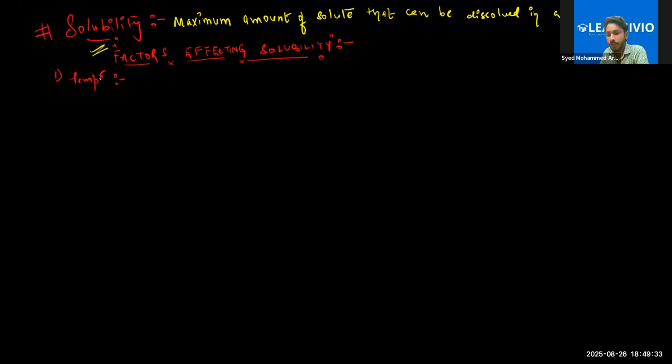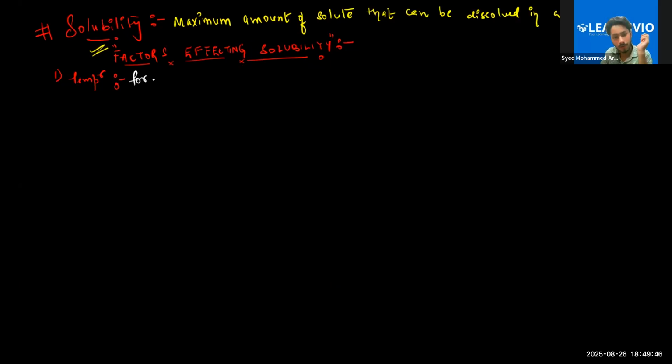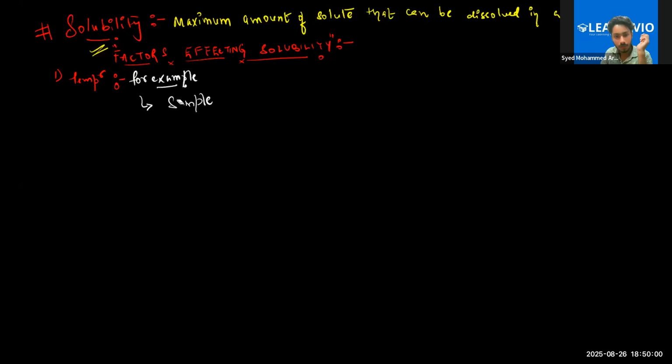So can you tell me how the temperature is related to the solubility? Like if I'm having a sugar solution, for example, a sample of sugar solution. This sugar solution is a solution having two components.